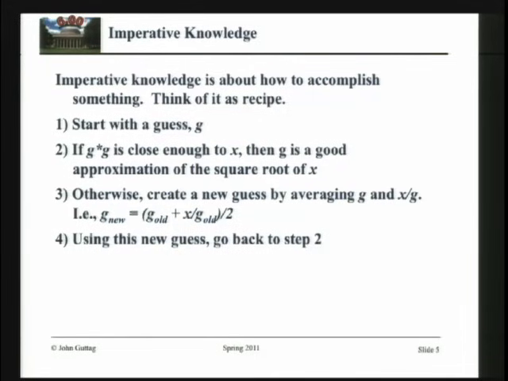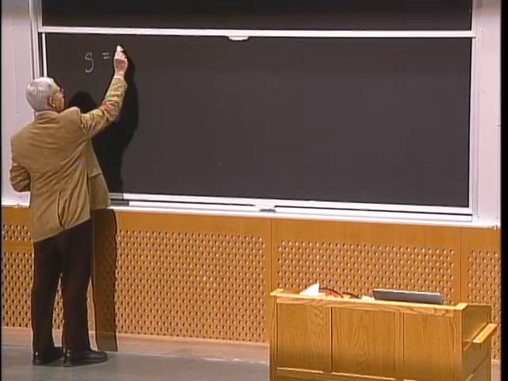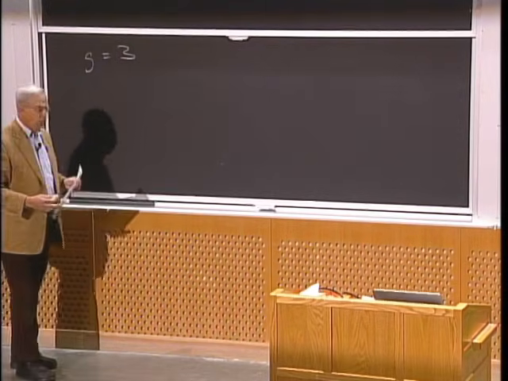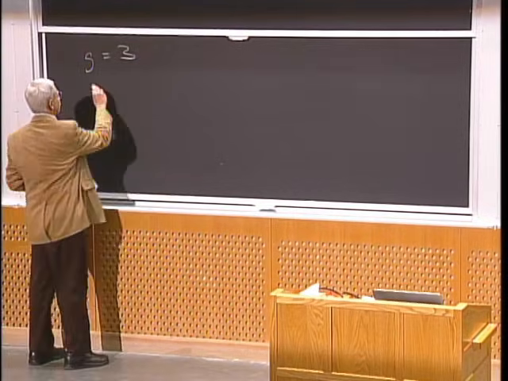So let's quickly run through an example of this. We can start pretty easily. We'll take a guess. Let's say G equals 3. So we look at 3 times 3.